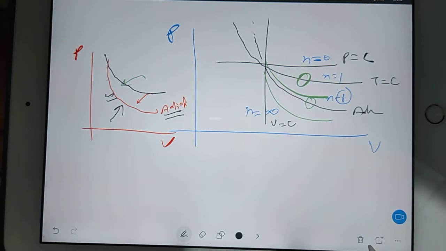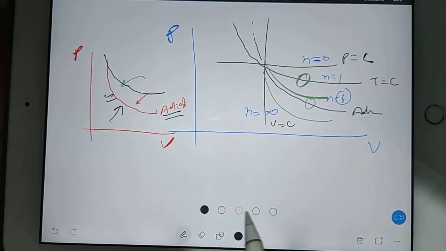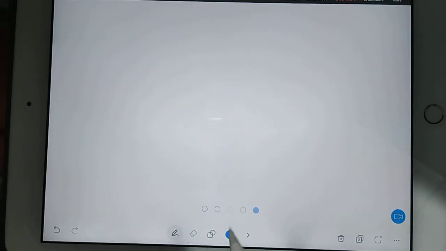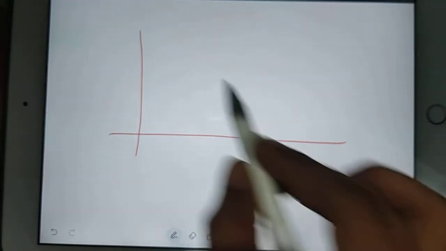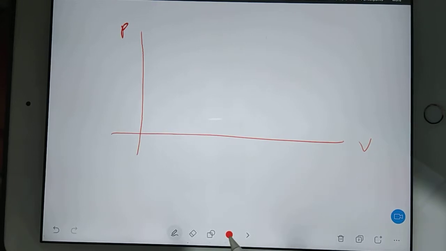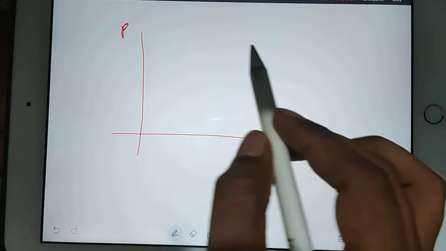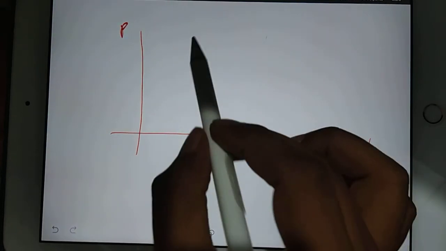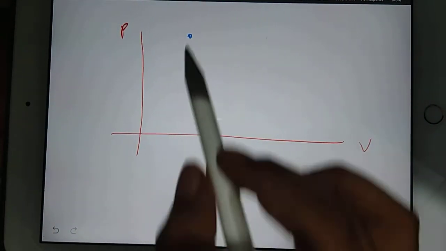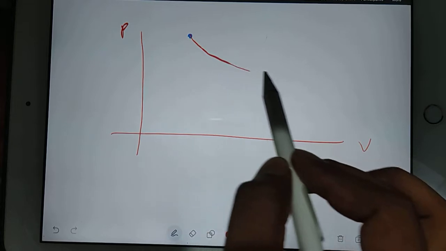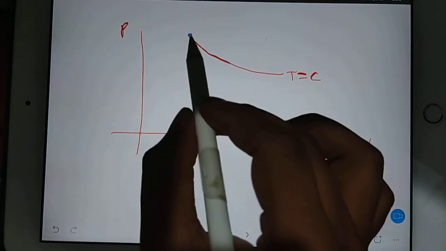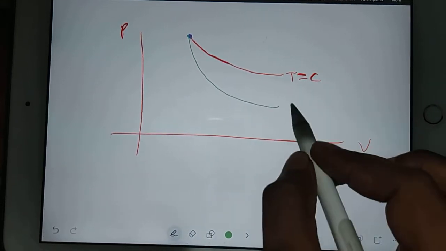It has more slope in the graph itself, you see. Now let's understand one thing. PV diagram. Very important line. Now I am going to give a point here, and from this point I am drawing a temperature constant line, and I am also drawing an adiabatic line.